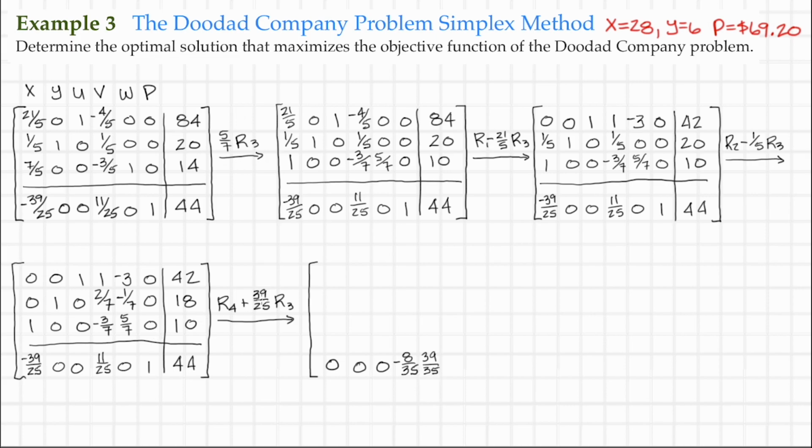And of course, 0 times 39/25 is 0, so this remains 1. Bring down our vertical bar. 10 times 39/25 is 78/5, and 44 plus 78/5 is 298/5. Close off our matrix, and we fill in the rest.